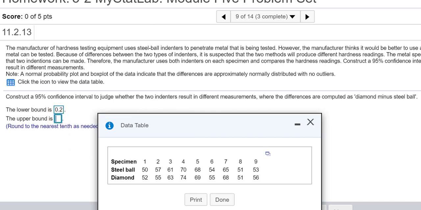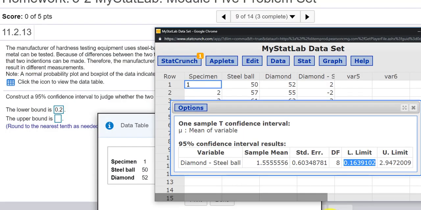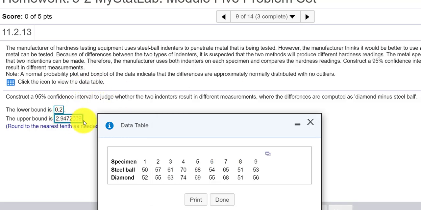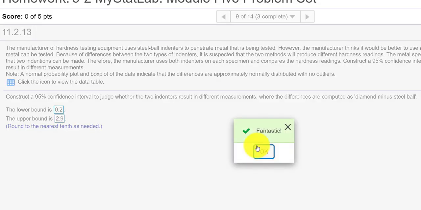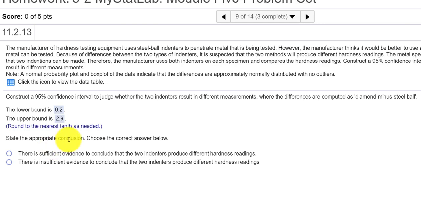And for the upper bound, we have this 2.947 and change, and we're going to round that to 2.9. Okay, and I check my answer. Well done.